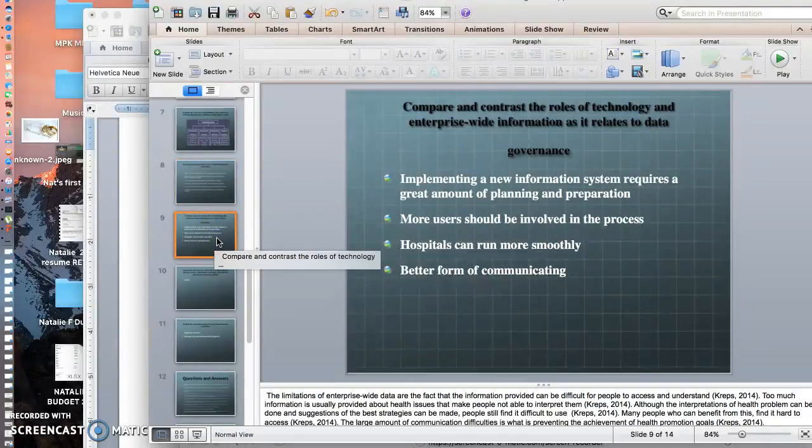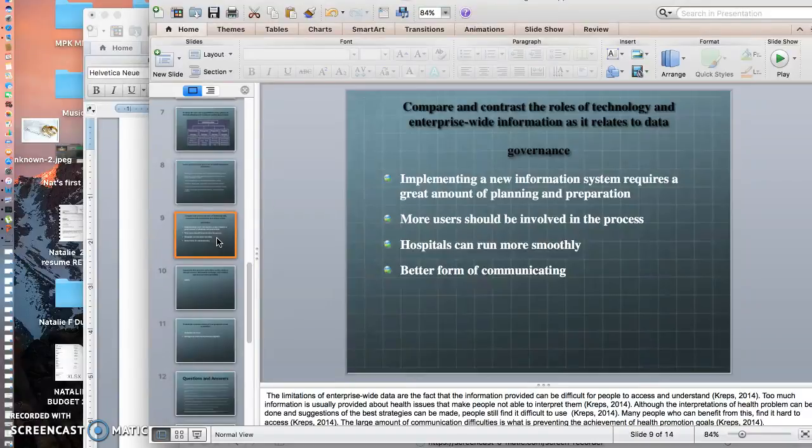Compare and contrast the roles of technology and enterprise-wide information as it relates to data governance. The limitations of enterprise data are the fact that the information provided can be difficult for people to access and understand. Too much information is usually provided about health issues that make people not able to interpret them.